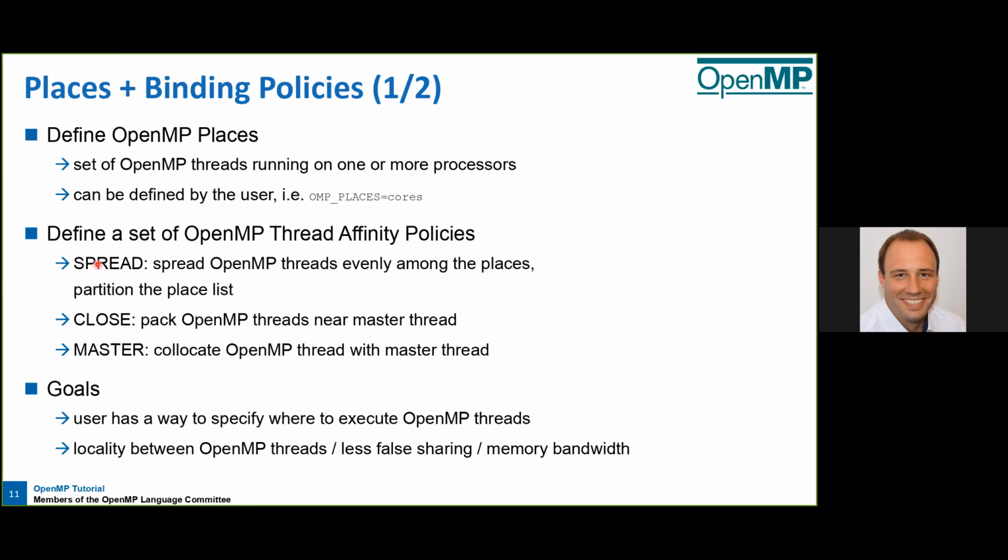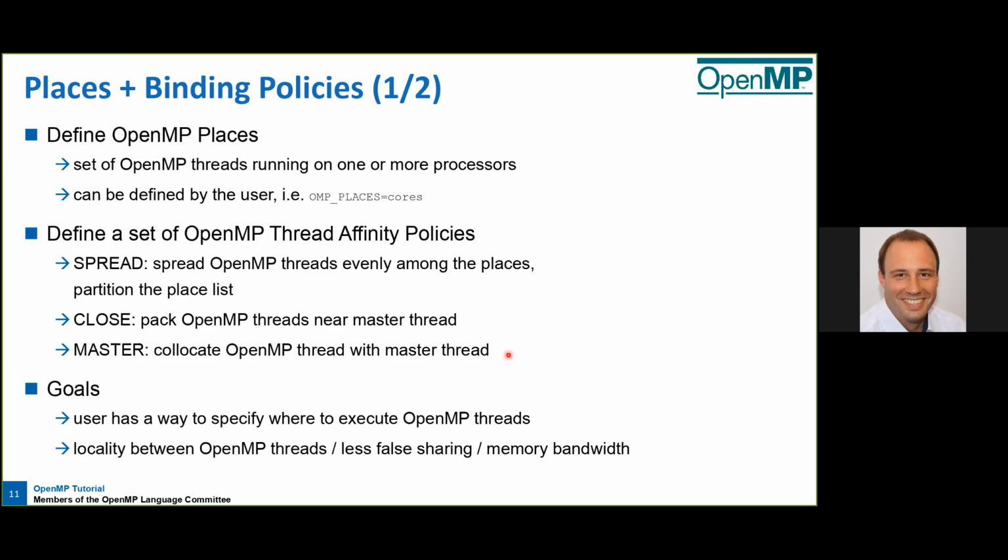Spread the OpenMP threads evenly among the places in the system, and it partitions the place list, more on that on the following slide. Then there's close, put the OpenMP threads close to the master thread, but place by place. And then there's finally master, which co-locates the OpenMP threads within the team at the same place as on which the master thread is running.